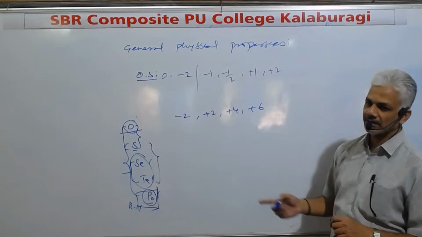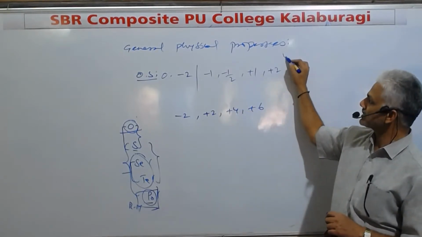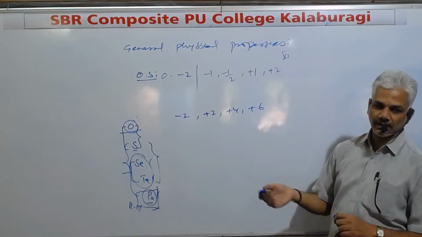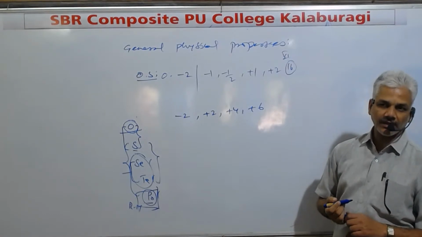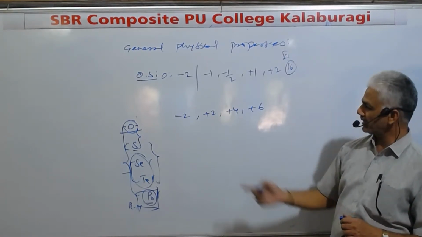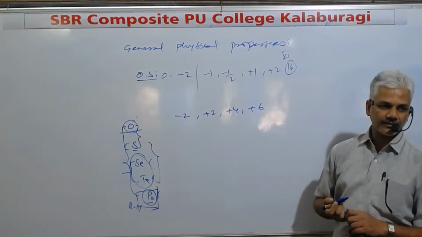And one more analogy: what is the group number? Sixth group. According to IUPAC convention, 16th group. Even number or odd number? Even number. Look at the oxidation state values. They are also even.